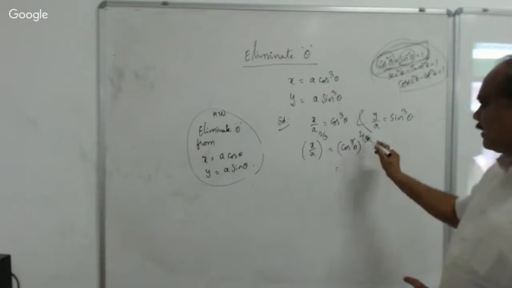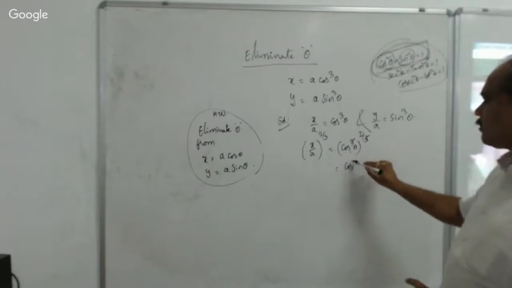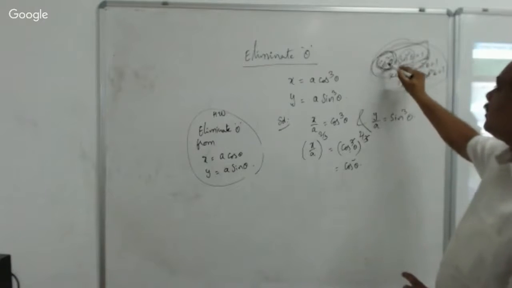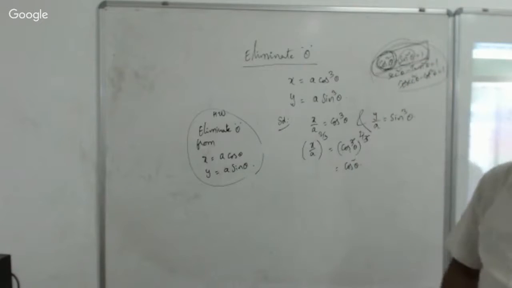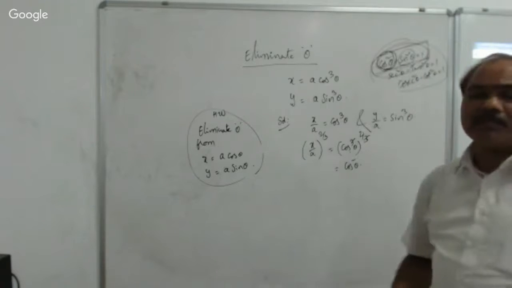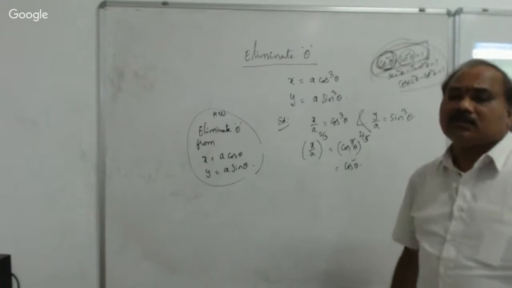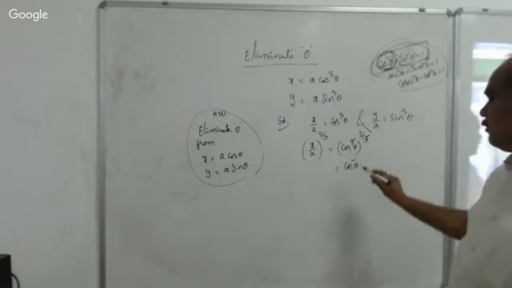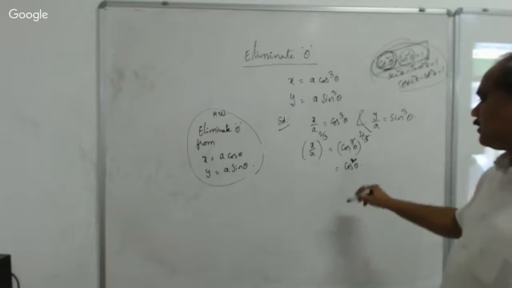On the right hand side, just observe, by cancelling these we are getting cos square. We have to make cos square theta and sin square theta terms from these. Why? Because we know only cos square theta plus sin square theta equal to 1, not cos cube, etc. It must be in terms of squares.